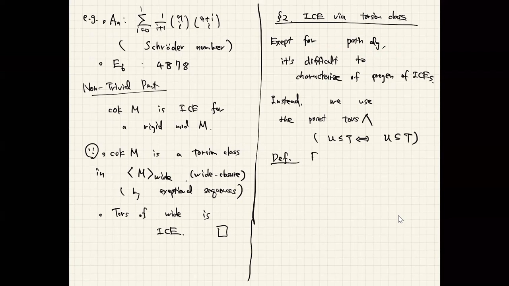So the key notion is this: if we have two torsion classes such that one is contained in the other, U contained in T, then we can associate a subcategory which we denote by H(U,T).